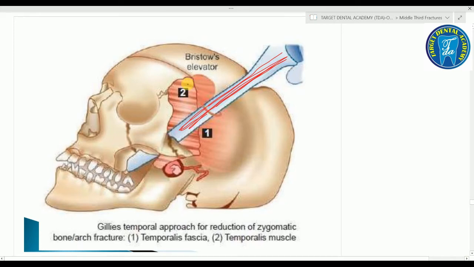This is the temporalis muscle and this is the temporalis fascia. The temporalis fascia is attached to the zygomatic arch, while the temporalis muscle passes downward, medial to the fascia, to attach to the coronoid process.